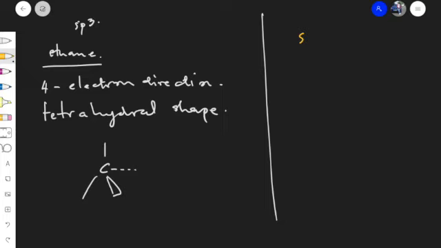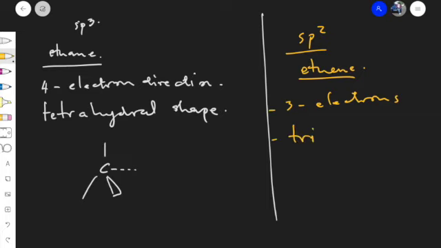And we will have another one, which is obviously sp2 hybridization. A good example is ethene, right? In ethene we will have 3 electron directions, and since we have 3 electron directions, we are going to have a trigonal planar shape.